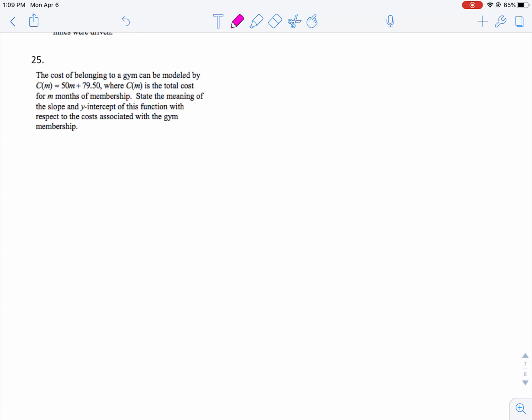So, number 25. The cost of belonging to a gym can be modeled by this function right here, where C of M is the total cost of M months of membership. State the meaning of the slope and y-intercept of this function with respect to the cost associated with the gym membership. So here's our function. They just want us to talk about what our slope and our intercept mean in terms of our problem.